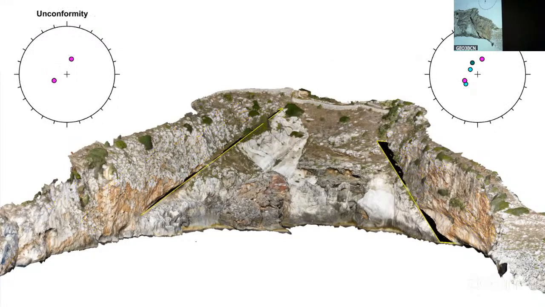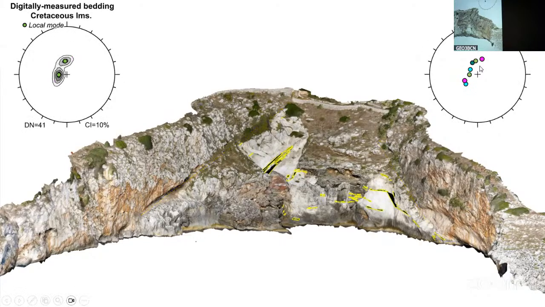Then, next, the unconformity surface, which is slightly folded on the southern and northern limbs. So this one, which is this one, and this one, which is this one. And then last but not least, the bedding in the Cretaceous material, with the two maxima corresponding to the two limbs of the anticline, that again is placed here.